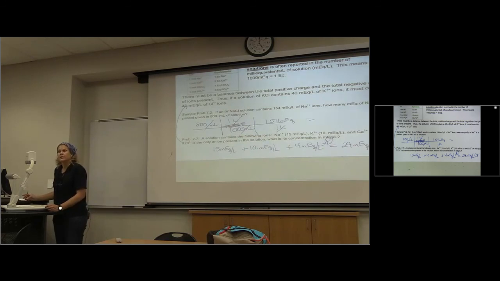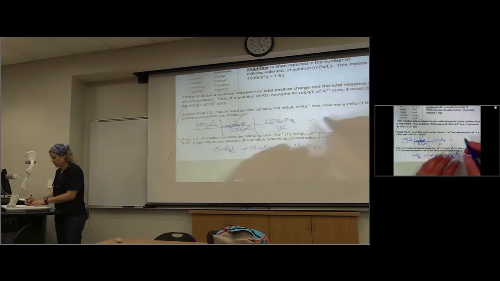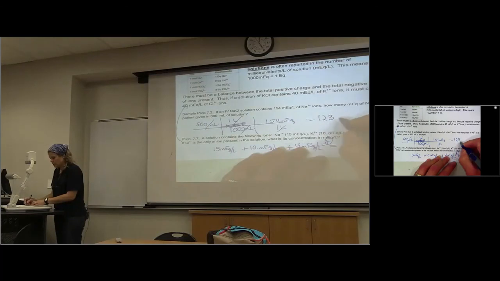How many significant digits? 3. So what's your answer? Say it again. I'm hearing 1,000. Shouldn't be 1,000. You should get 123. Do it again. Should get 123 milliequivalents.